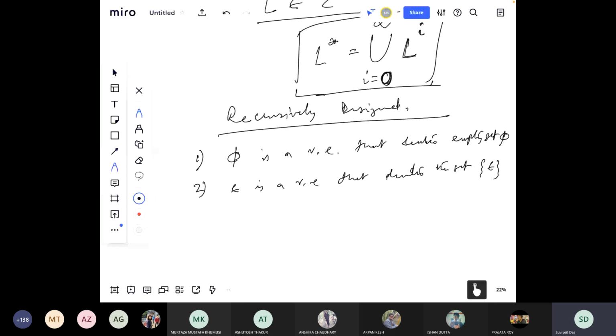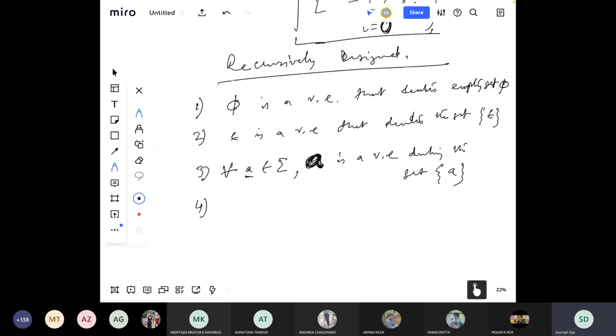You say that for all single symbols a, which is an element of your alphabet, a is a regular expression. I make it bold somewhere so as to distinguish it from the symbol a. a is a regular expression denoting the set {a}, right?